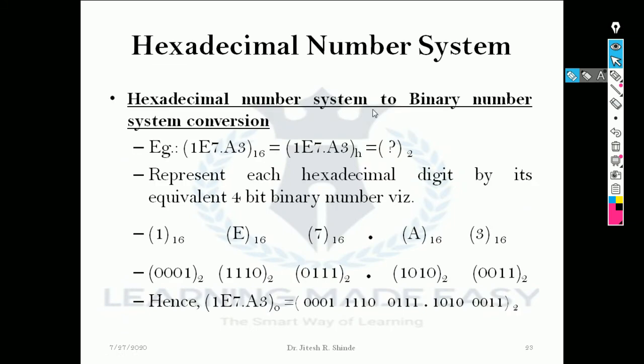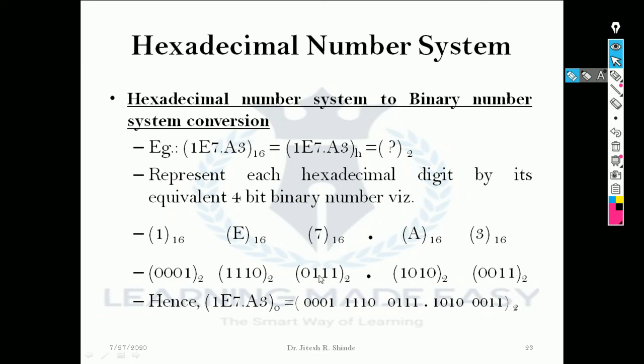Hexadecimal number system to binary number system. In octal, we replaced each octal digit by its 3-bit equivalent binary number. In hexadecimal to binary conversion, we have to replace each hexadecimal digit by its equivalent 4-bit binary code. For example, here 7 hexadecimal is the digit, and its equivalent binary code is 0111.